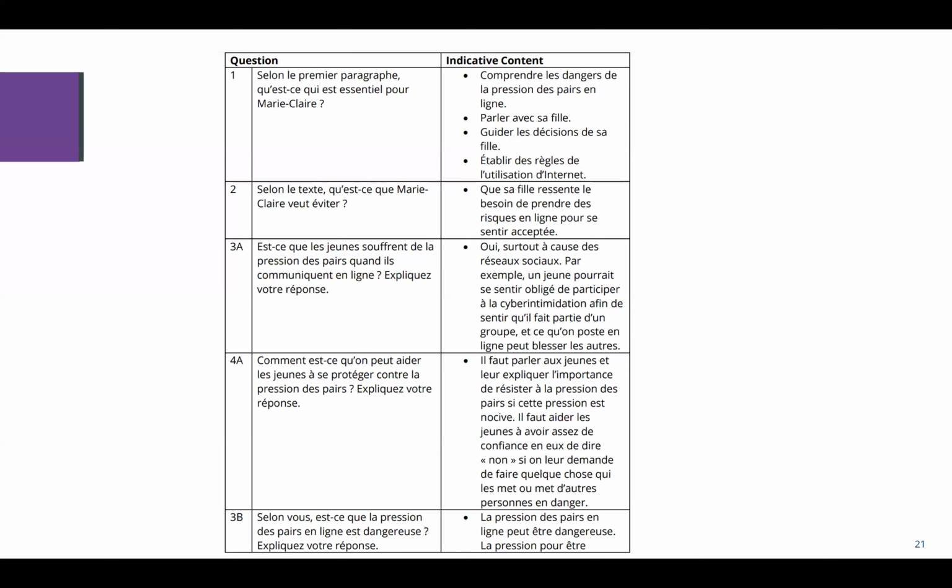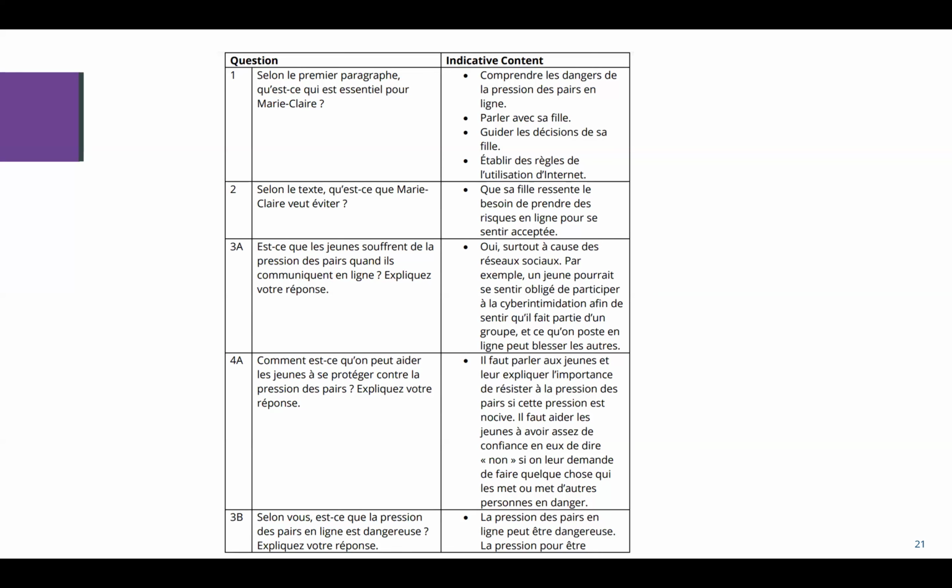Now, for questions 3 and 4, the answer really is indicative, because these questions don't target any information that is in the text on the card. So really, we're looking at what kind of answers they can come up with based on what they have learned and what they have researched.